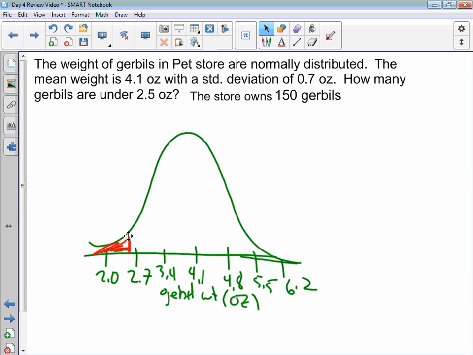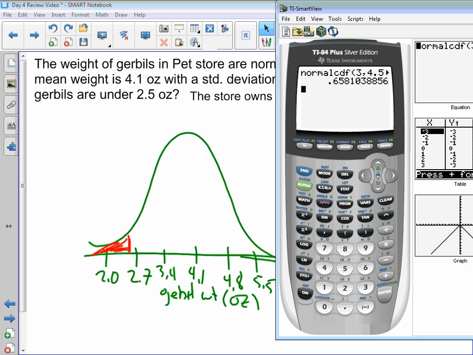And if we bring our calculator back up, then we go to distributions, normal CDF. Our lower limit now is negative infinity. Our upper limit is 2.5.